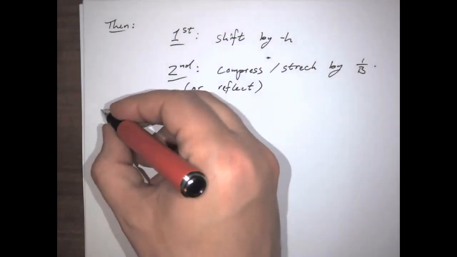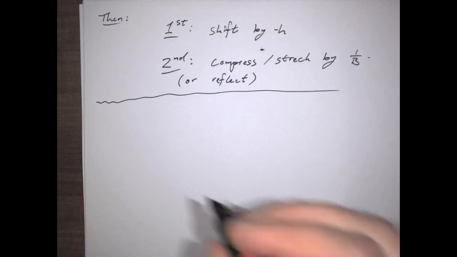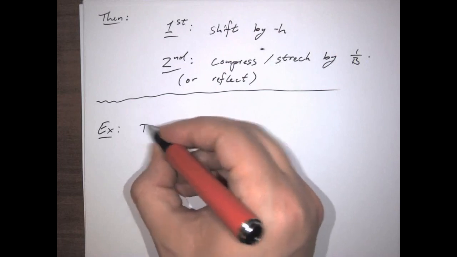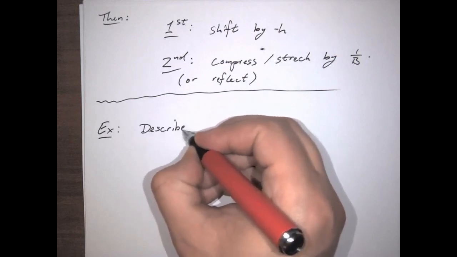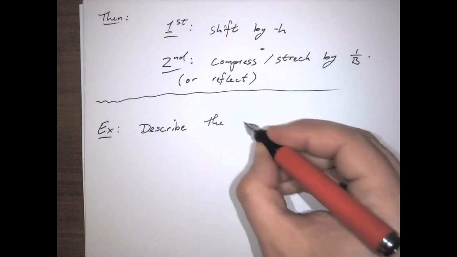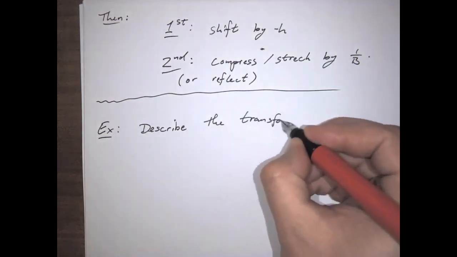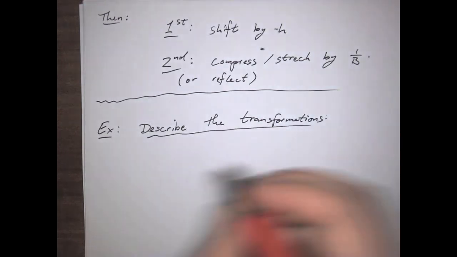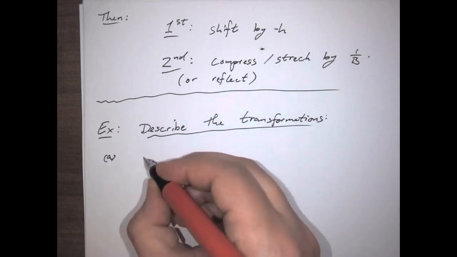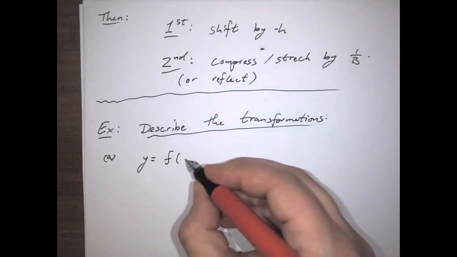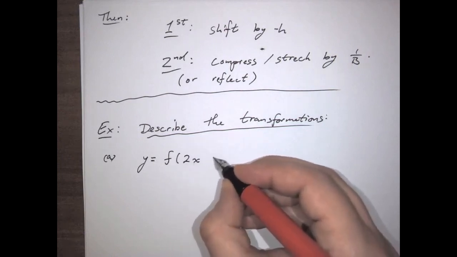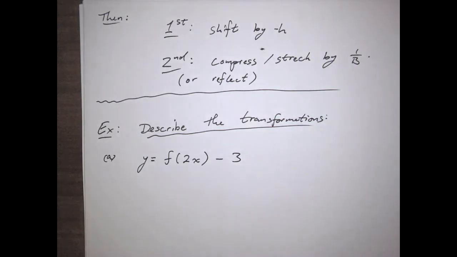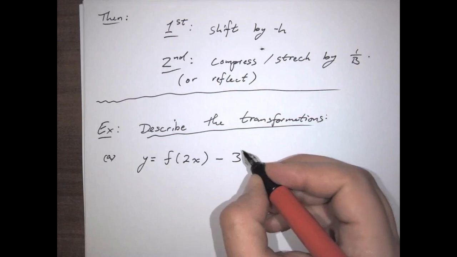Okay, let's have a look at what these can all appear as. As an example, first off, maybe we might just want to describe the transformations. And maybe what we have is something like y equals f of 2x minus 3. So we can have a couple of transformations going on here. We have a 2 on the x, and we have a subtraction of 3.